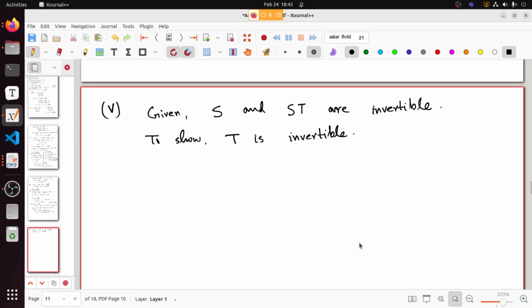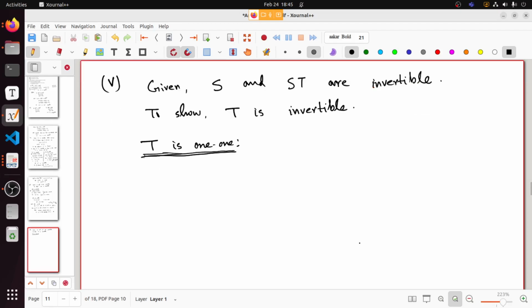So we have to check T is one-one and onto. Let's check first that T is one-one. How to check T is one-one? Take any two vectors, B1 and B2, such that T of B1 equals T of B2.